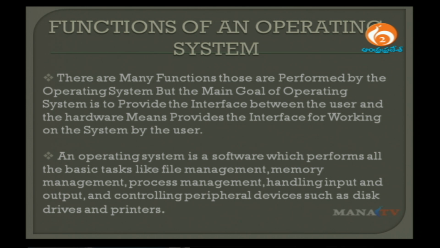An operating system is software which performs all the basic tasks like file management, memory management, process management, handling input and output, and controlling peripheral devices such as disk drives and printers.